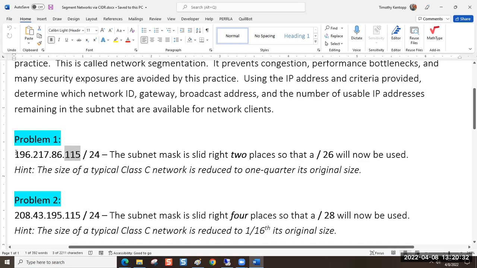So the network identity for this is 196.217.86.0/24. Can anyone tell me what the typical gateway address would be for this network? What would we use normally for a gateway address for the 196.217.86.0 network?